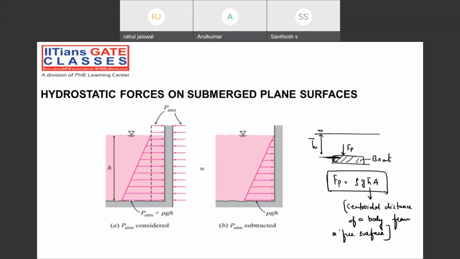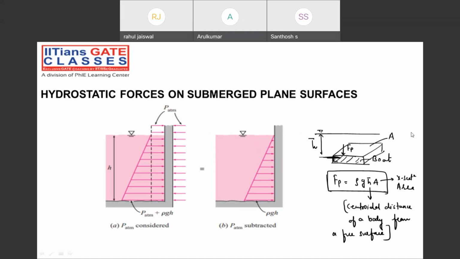The centroidal distance of a body from a free surface is called H bar. A is the cross-sectional area of a particular object. Whatever the cross-sectional area is, that is called A. Note down, very, very important.